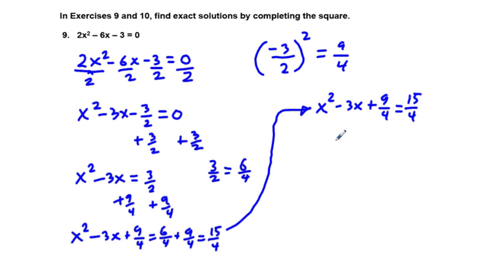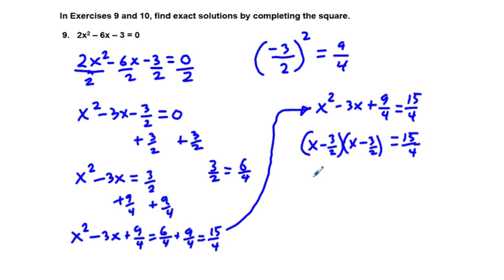And we can write this x squared minus 3x plus 9/4 as a perfect square. We have x minus 3/2 times quantity x minus 3/2 is equal to 15/4.